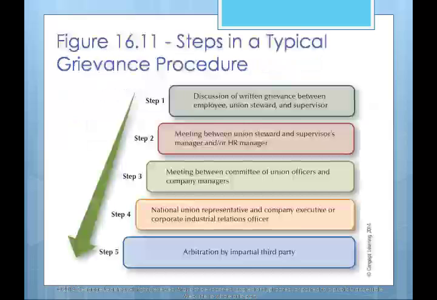Okay, so typical steps. You have a written grievance between the employee, union steward, and supervisor that is discussed. Meeting with the union steward, supervisor, manager and HR manager is step 2, if there's not an agreement. Then a meeting between a committee of union officers and company managers if there's not an agreement.